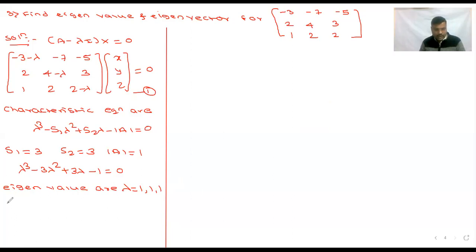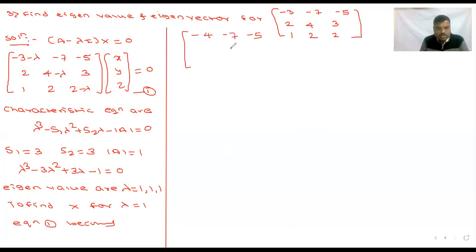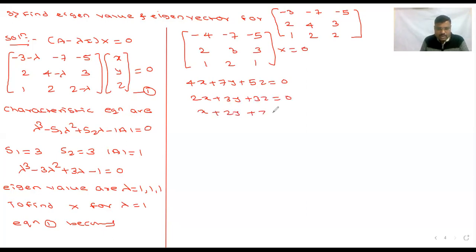Now to find x for lambda equal to 1, equation 1 becomes the matrix -3 minus lambda, that is -4, -7, -5; 2, 3, 3; 1, 2, 1, times x equal to 0. From that we write the equations 4x plus 7y plus 5z equal to 0, 2x plus 3y plus 3z equal to 0, and x plus 2y plus z equal to 0.